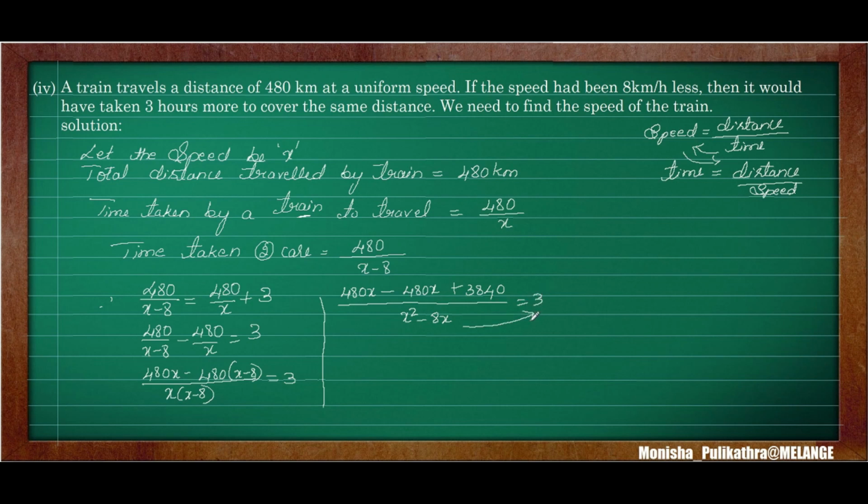Plus 480x minus 480x gets cancelled, leaving 3840. Here I will be cross multiplying: 3840 is equal to 3 into x square minus 8x, which is 3x square minus 24x. When I shift 3840 to this side, it becomes 3x square minus 24x minus 3840 is equal to 0.